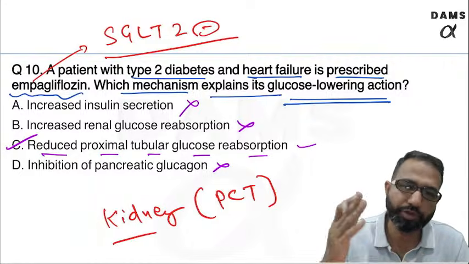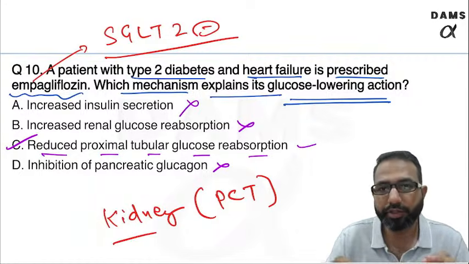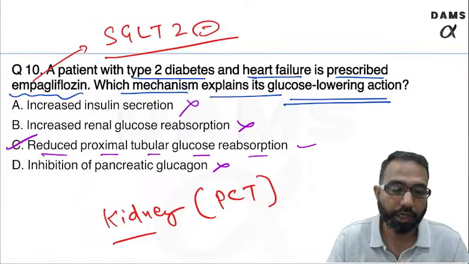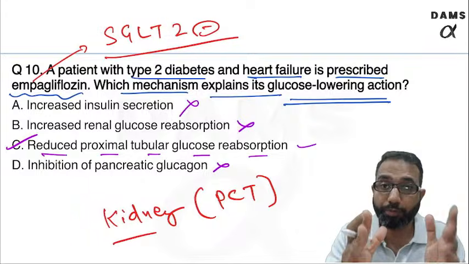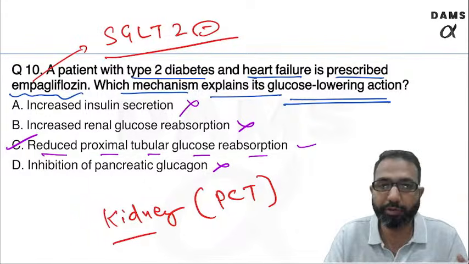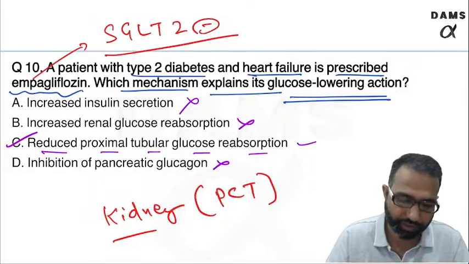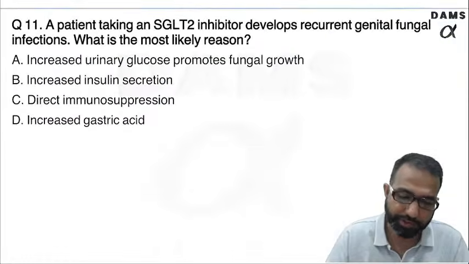SGLT2 inhibitors, so gliflozins are important drugs. They cause loss of sodium as well as glucose. That's why they are used not only for diabetes, they are also wonderful drugs for heart failure. Out of all antidiabetic drugs, these drugs are approved for heart failure. So in a heart failure patient, if they have diabetes, gliflozins are the wonderful drug. Empagliflozin, dapagliflozin. Last year NEET PG also asked this question.